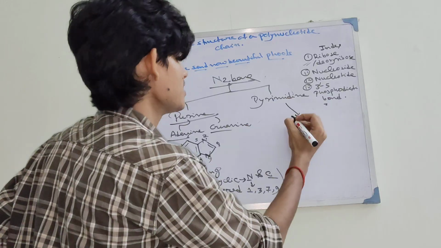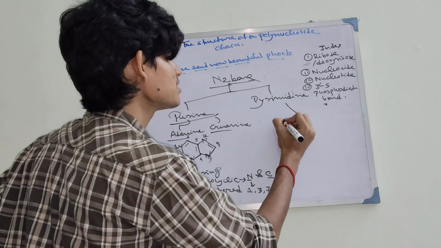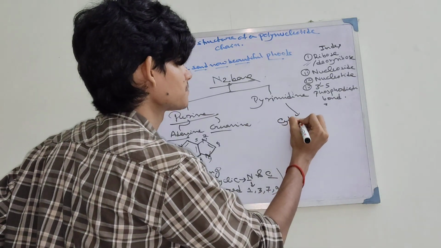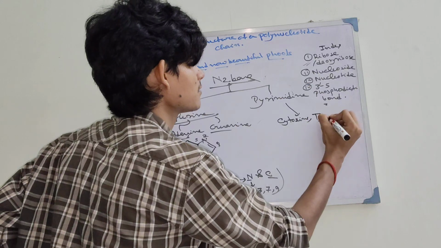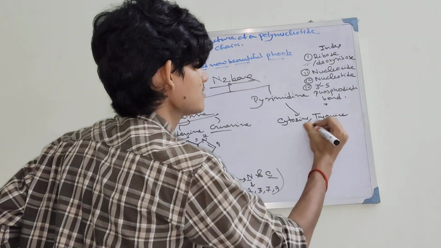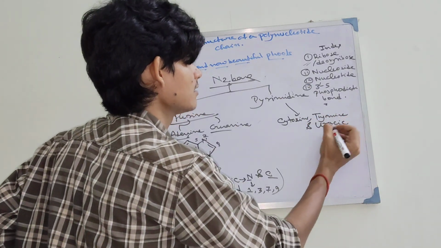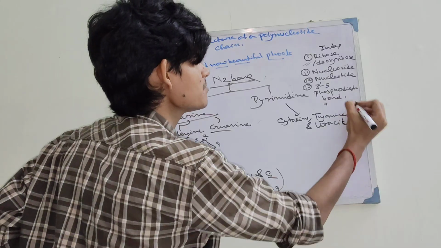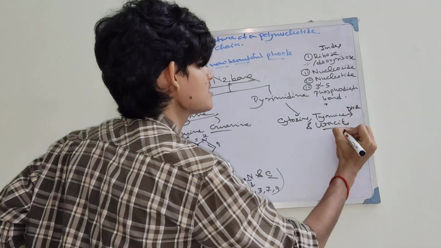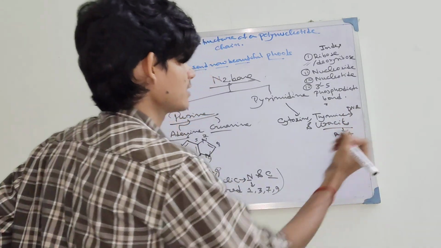And pyrimidine can be of 3 types: cytosine, thymine and uracil. Thymine is exclusively present in DNA. Uracil is exclusively present in RNA.